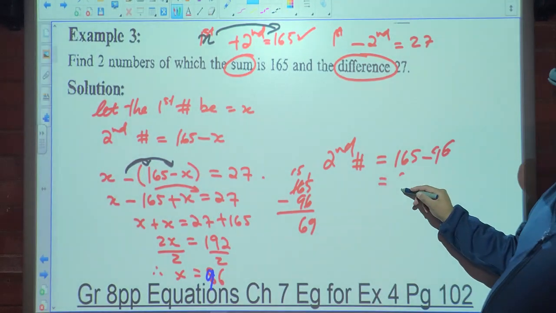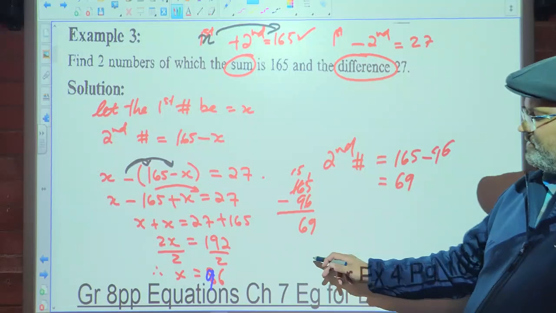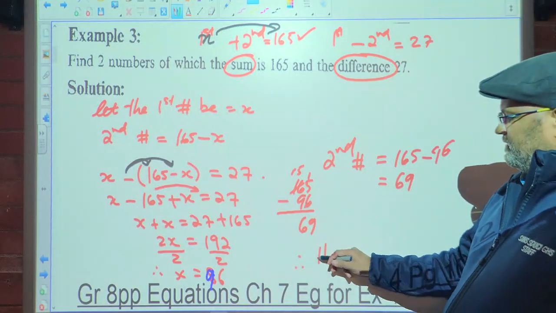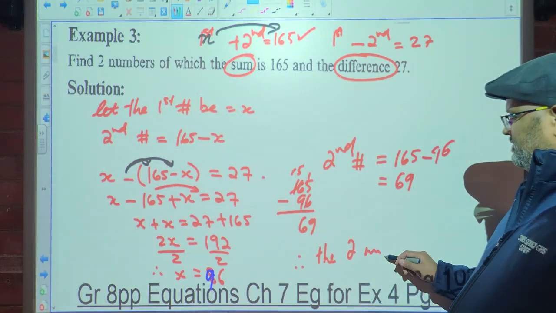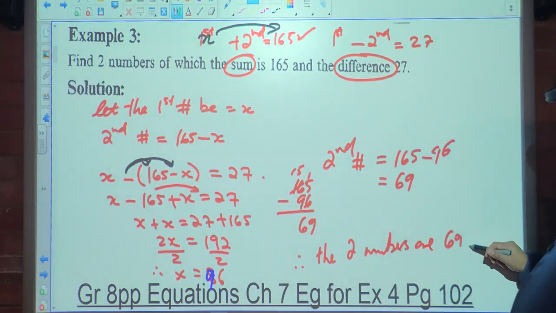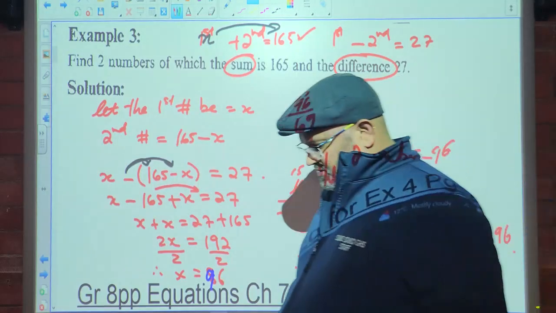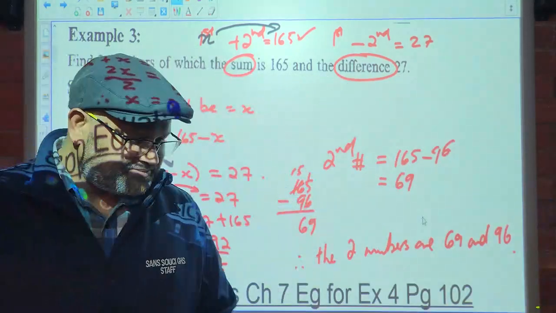So the second number is 69. Do you see that, people? Therefore, the two numbers are 69 and 96. Do you guys understand?